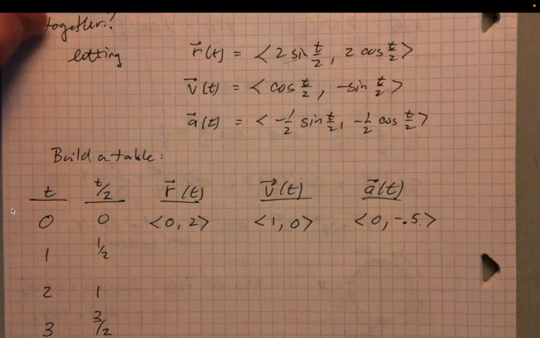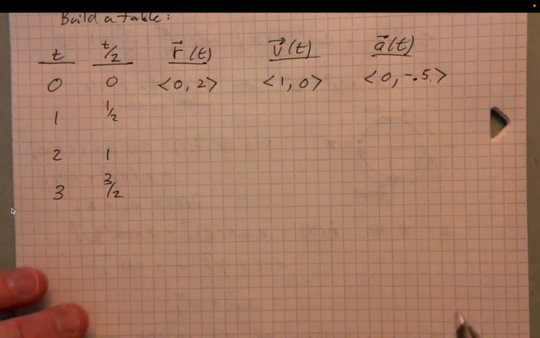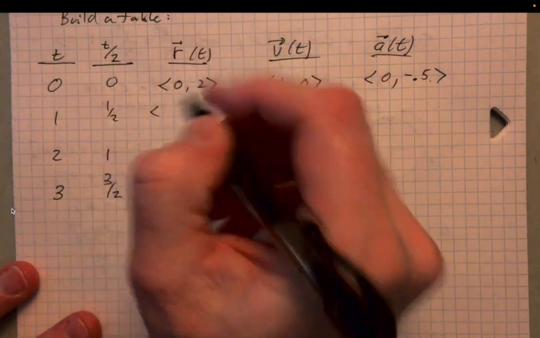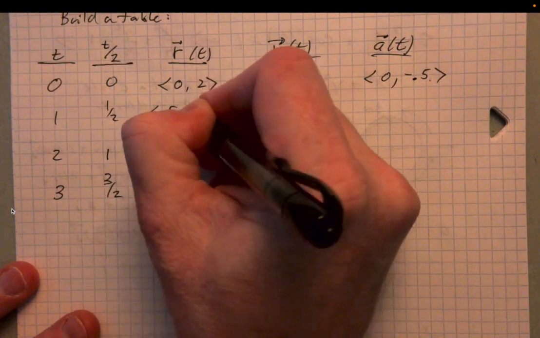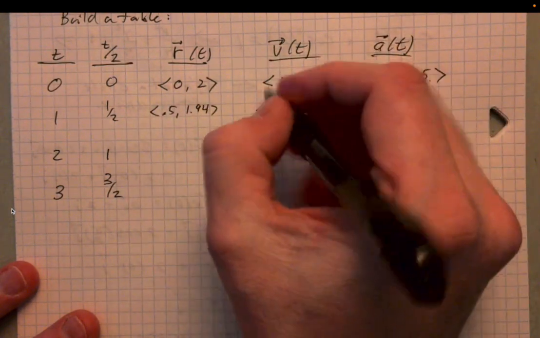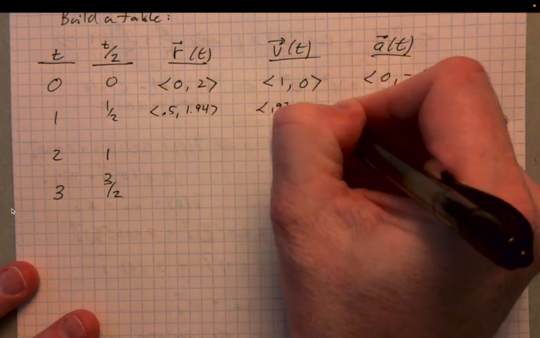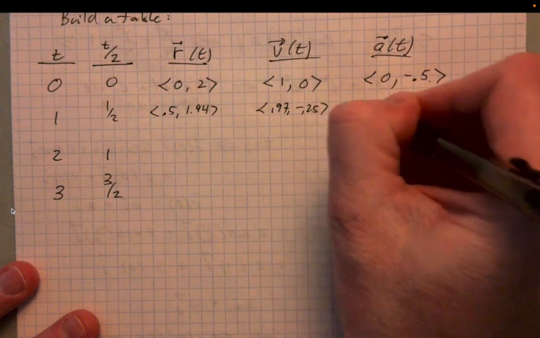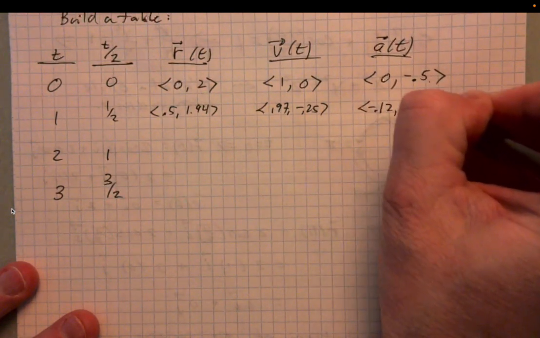Okay, and then I'm just going to backfill some of this so we can get some values. When we plug in 1, we get 0.5, comma 1.94, and these are approximations, obviously. And then for velocity, we get 0.97, comma negative 0.25. Then we get negative 0.12, comma negative 0.48.